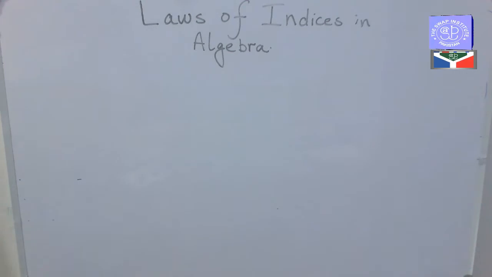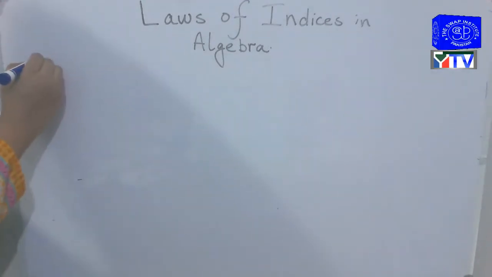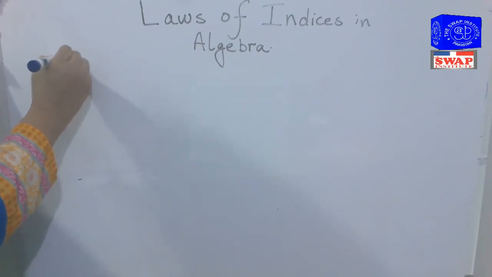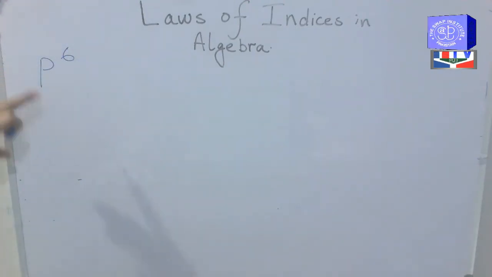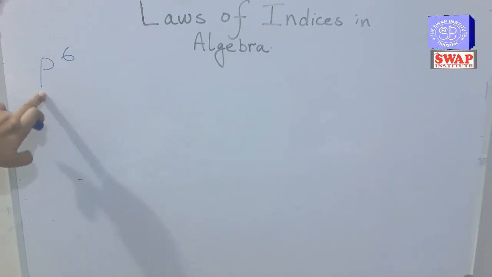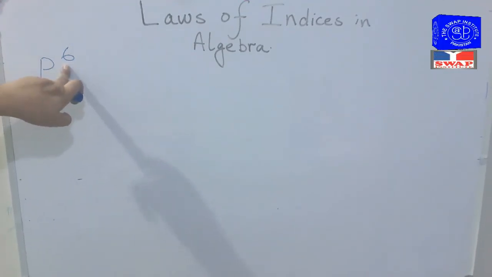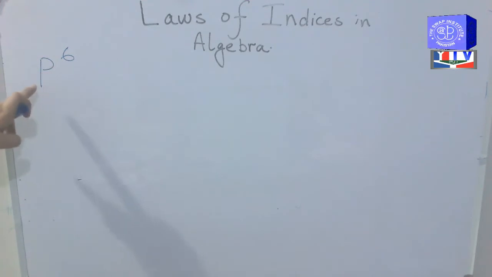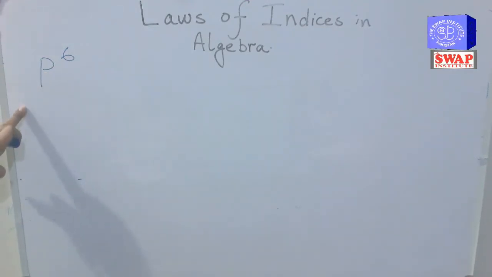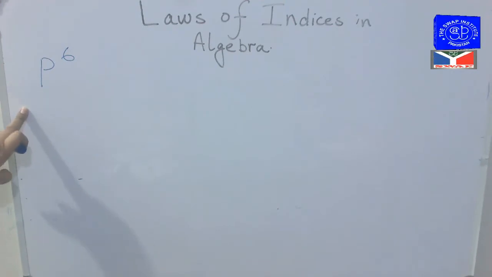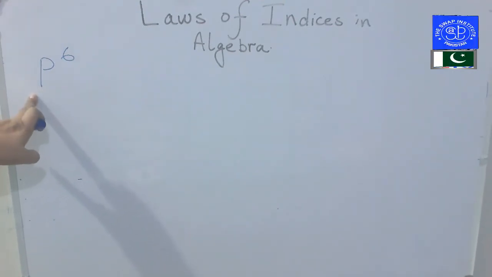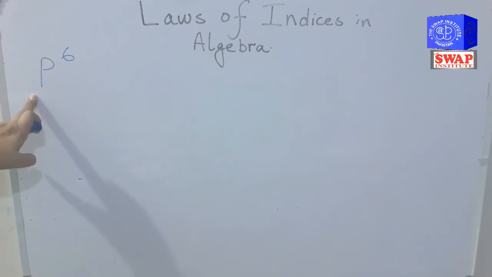For example, if I say p indices 6, I have told you before that in this case p is the base and 6 is the indices. So when we are applying the laws of indices, the base number should be the same. This is the rule that you should remember.